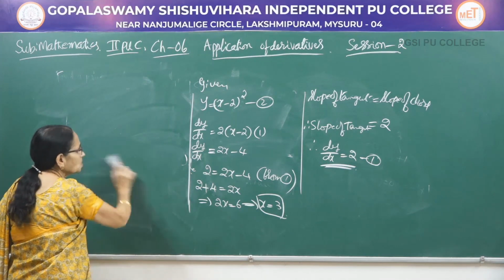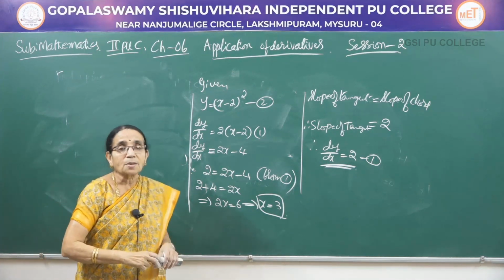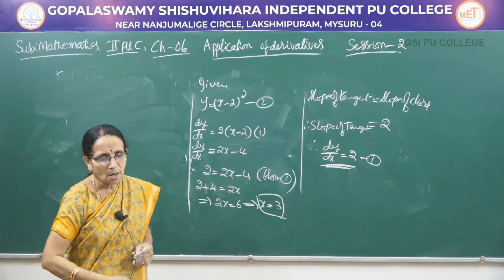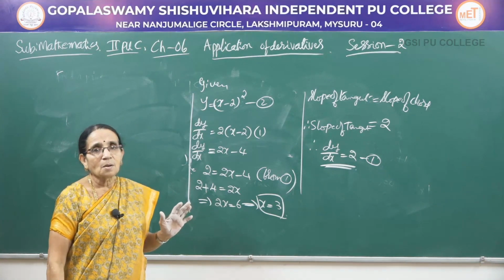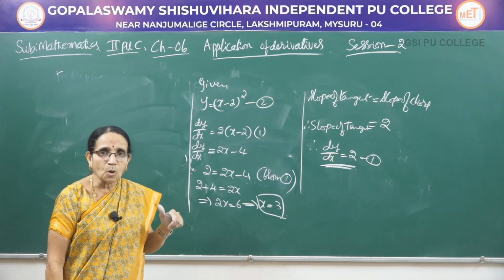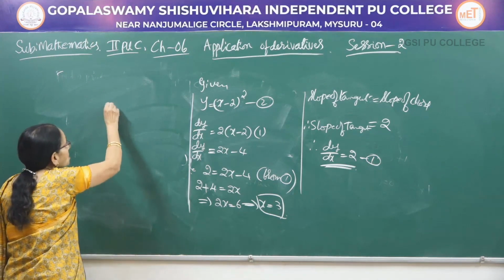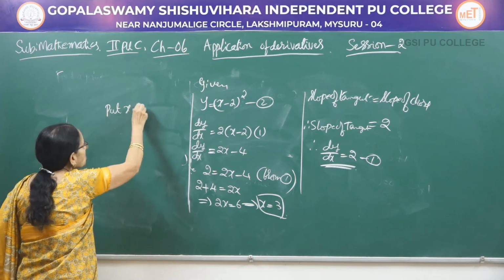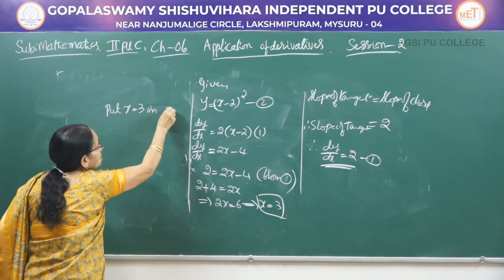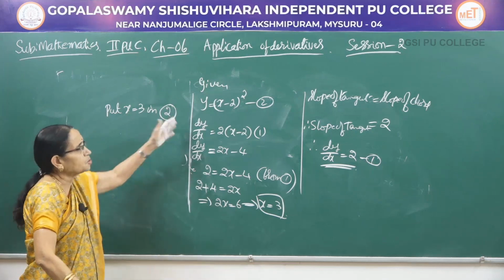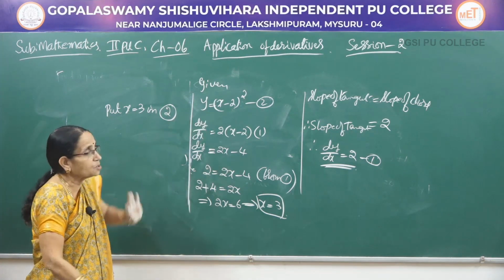We got the value of x to be equal to 3. What does x equal to 3 mean? It is nothing but the x coordinate of the point. Since we are calculating the point here, you have to get both the x and the y coordinates. Now put x is equal to 3 in result 2.